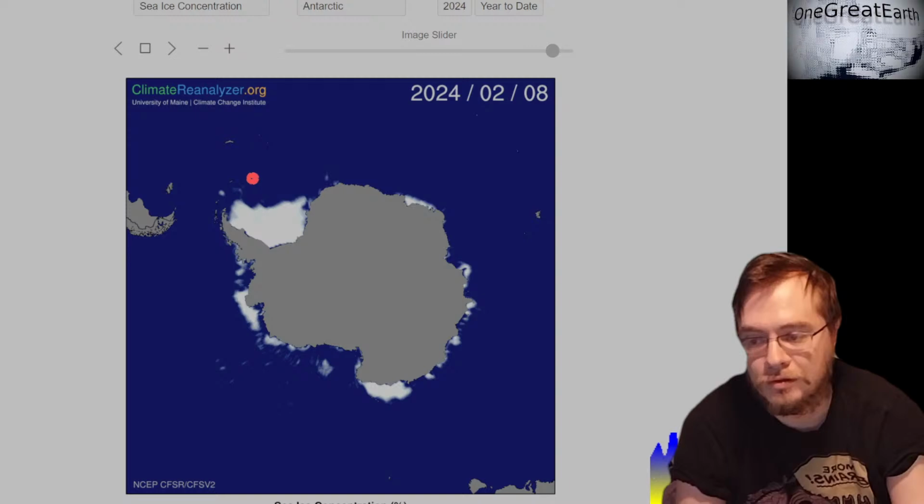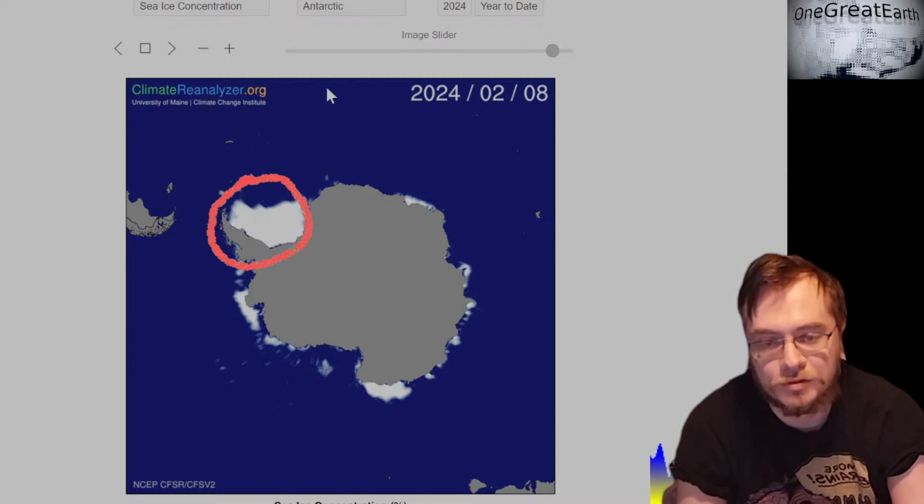Again, this is the same area right here that we're looking at in this image.